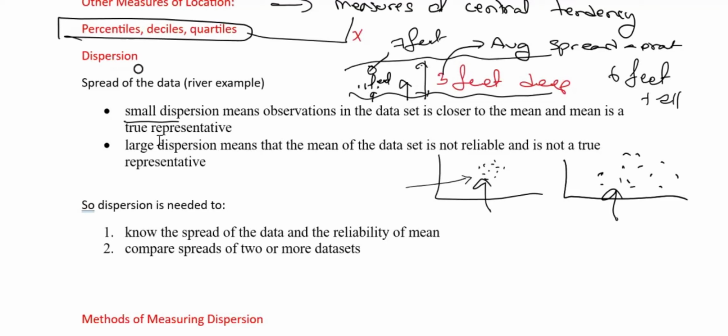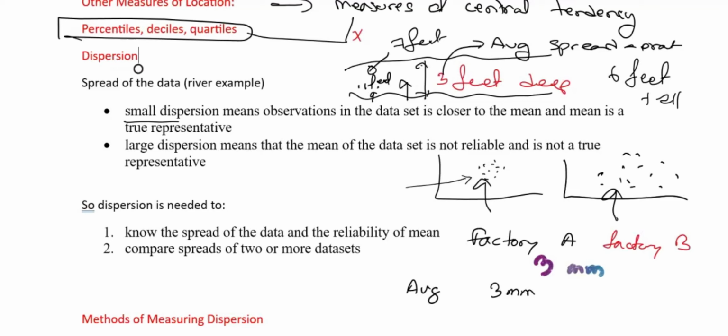For example, factory A and another factory B. এখন দুইটা ফ্যাক্টরি সেম প্রোডাক্ট প্রডিউস করে এবং ওদের গোলটা হচ্ছে they have to produce 3 মিলিমিটার একটা জিনিস। এখন ফ্যাক্টরি A এরও এভারেজ হচ্ছে 3 মিলিমিটার, ফ্যাক্টরি B এরও এভারেজ হচ্ছে 3 মিলিমিটার। However, factory A এর ডেটা সেটটা যদি আমরা দেখি, হয়তো it's like 2.9, 3, 3.1, 2.8, 3.2 like this.